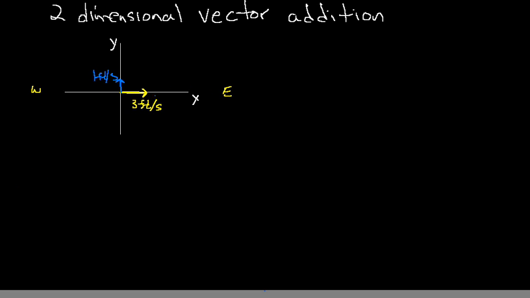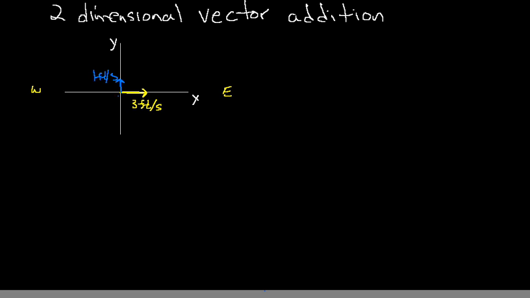Now, in order to add these two vectors together, we have to do a little bit of geometric and algebraic manipulation. We can no longer say that the result is going to be 4 feet per second.